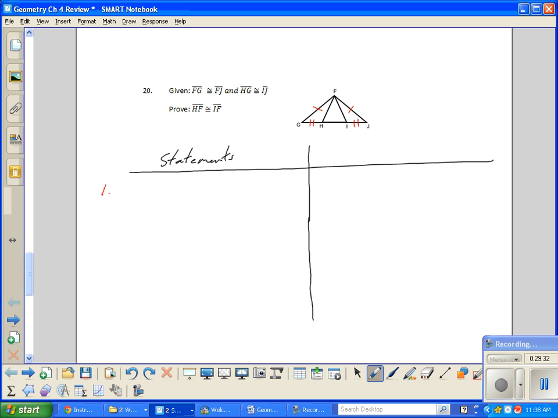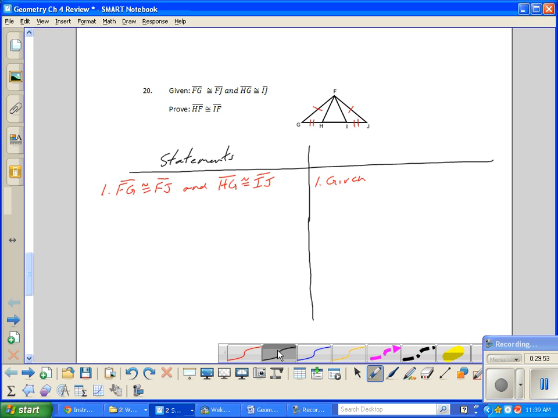So that's going to be our first statement. Segment FG is congruent to segment FJ, and segment HG is congruent to segment IJ, given.